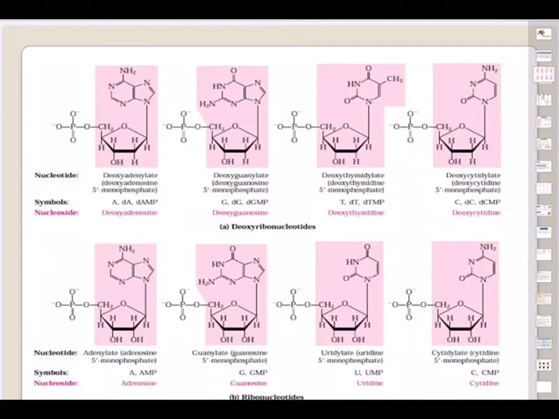So based on what structure it is attached, for example, adenine is attached, then we say the nucleotide is deoxyadenylate or deoxyadenosine. When we say nucleotide and nucleoside, deoxyadenosine.